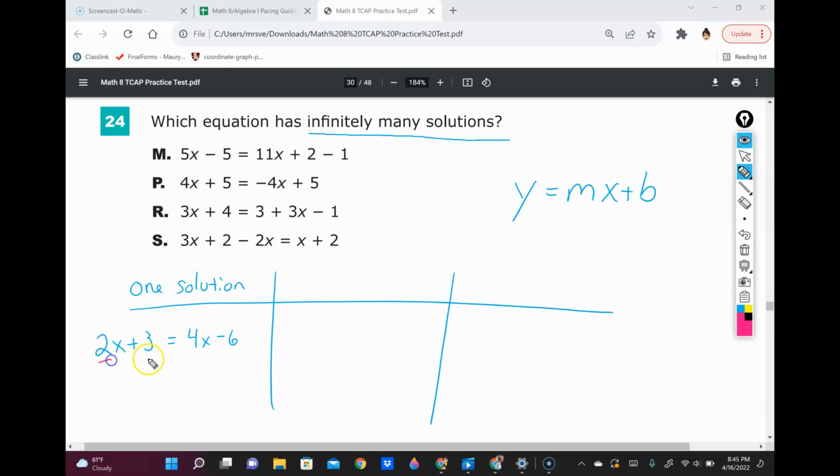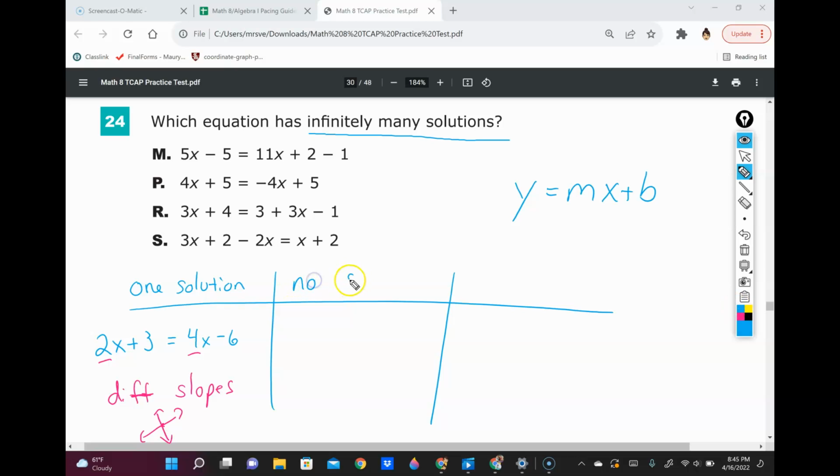If you notice, your slopes are different. And when your slopes are different, it doesn't matter about your y-intercepts, but if you have different slopes, you're going to have one solution. That means if you graphed them, they would cross one time, one solution.